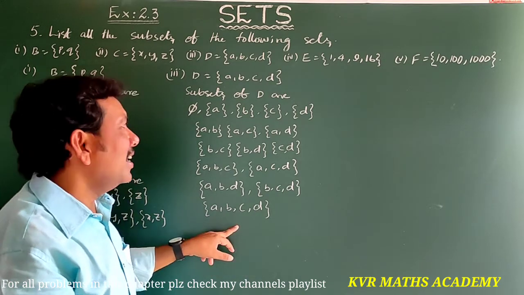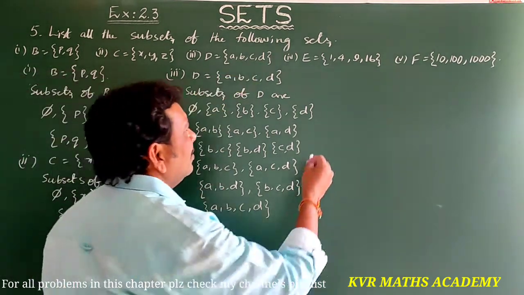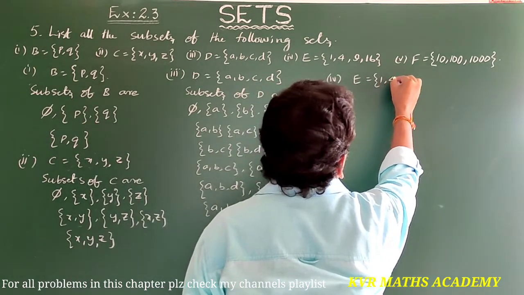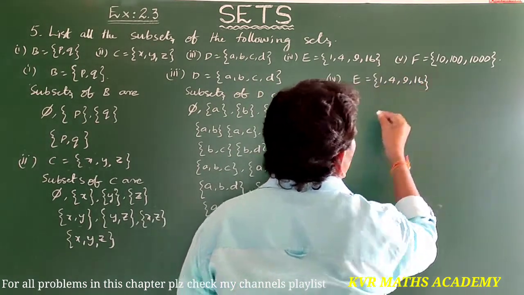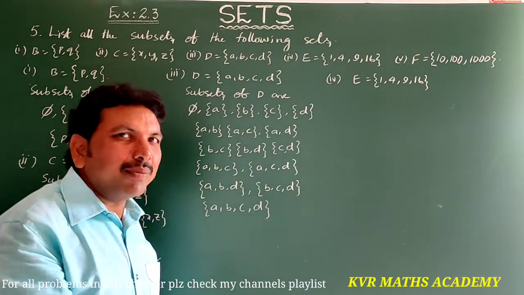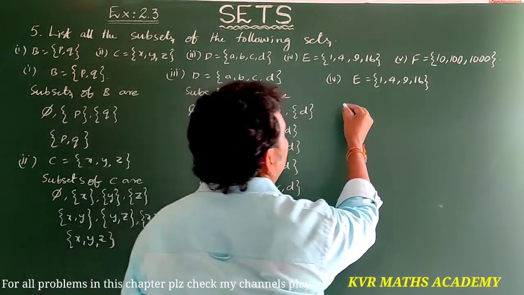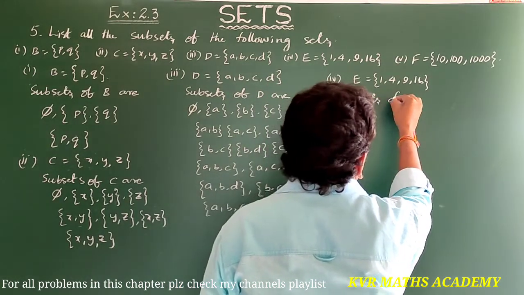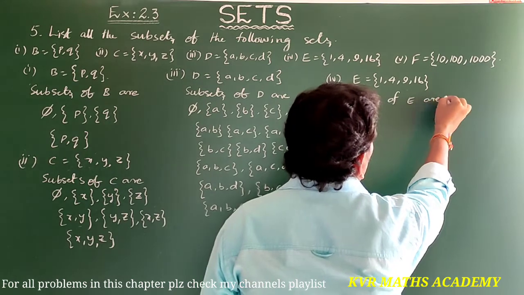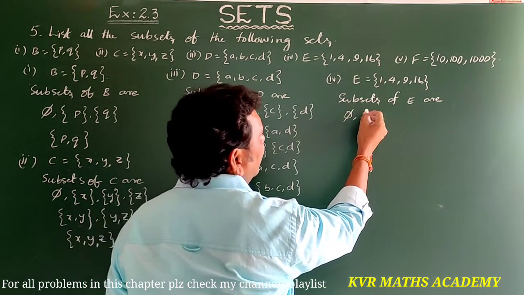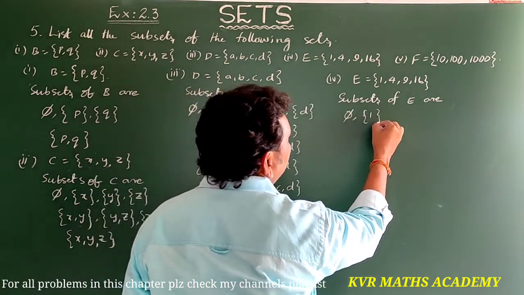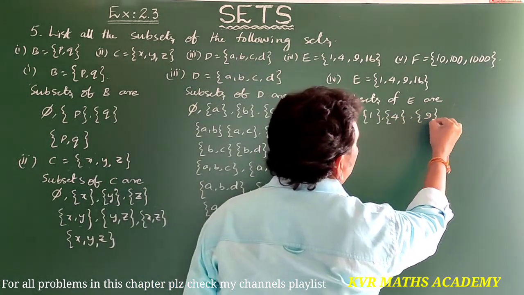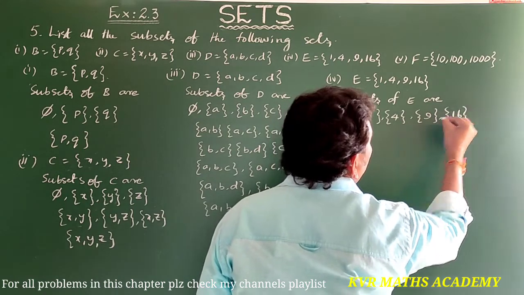Is it clear? Next, coming to the fourth one. Fourth one, E is equal to set of 1, 4, 9, 16. So here also 16 subsets should come. Subsets of E are: phi. Next, single elements: set of 1, set of 4, set of 9, set of 16.